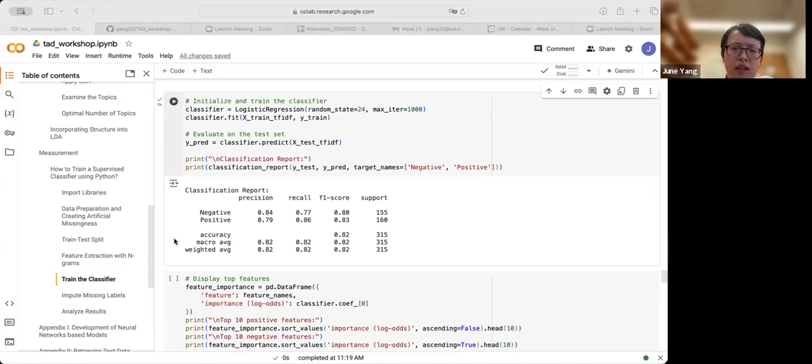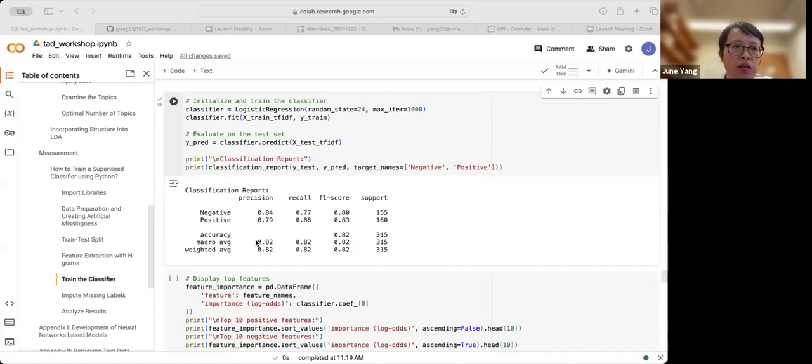You may notice that on the negative category, the model performs a little better on precision and less well on recall. And for the positive category, it performs better on recall and worse on precision.